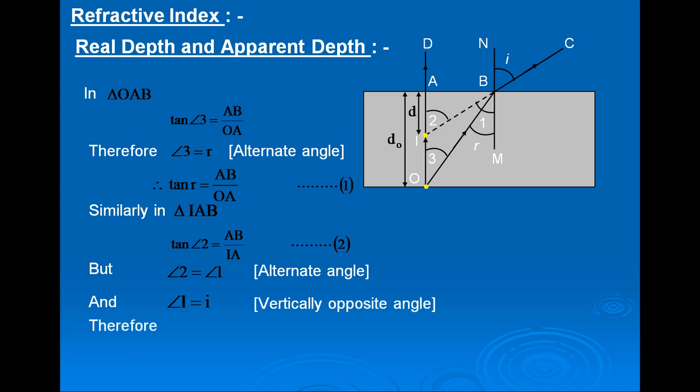Therefore, angle 2 is equal to angle I. Putting in equation 2, we get tan I is equal to AB upon IA. Put this equation number 3.